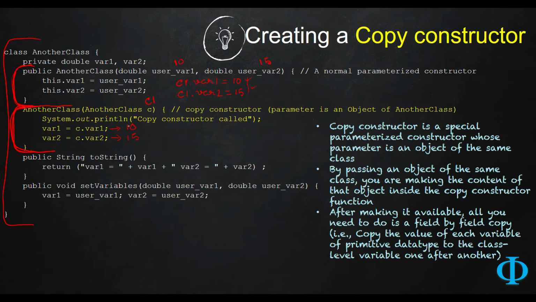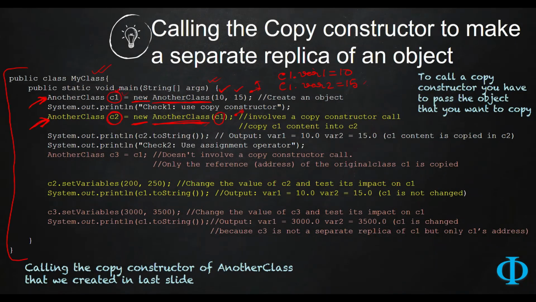And then what you are doing is a field by field copy. That means you are copying this 10 inside the class level variable var1 over here, and 15 is being copied to the class level variable var2 over here. So what does that mean? C2 has its own var1 and var2, and those actually got the values of C1's var1 and var2 respectively.